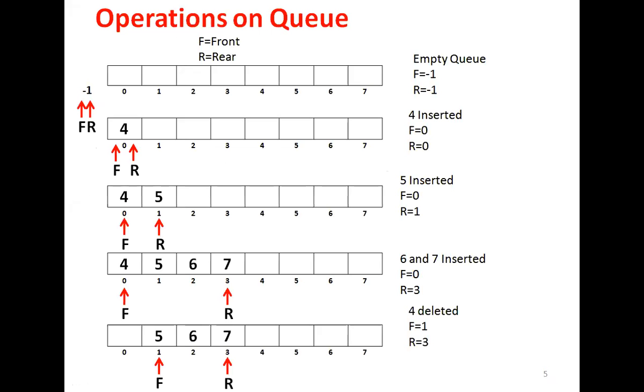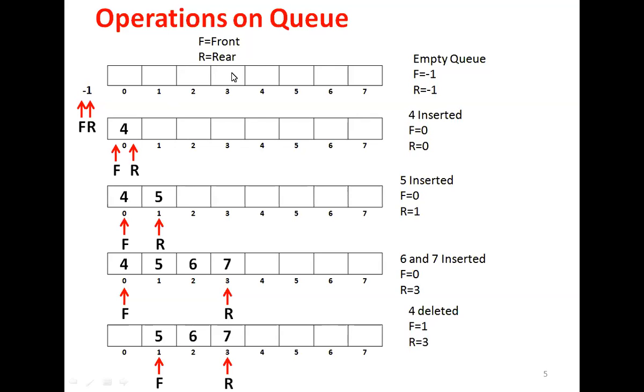Let us see these operations in this diagram. As I told you, in a queue, the insertion is done at the rear end, and deletion is done at the front end. So these are the important terms used in the queue: front and rear.